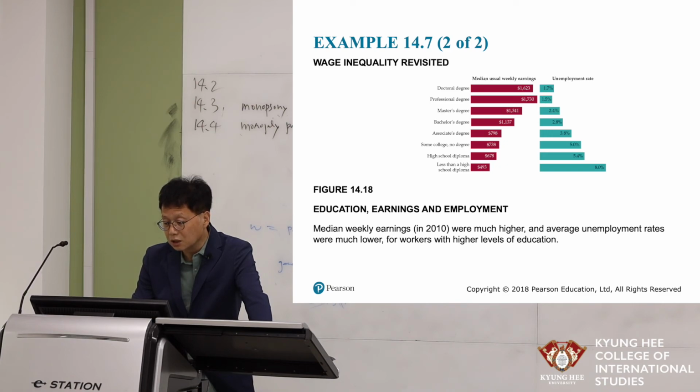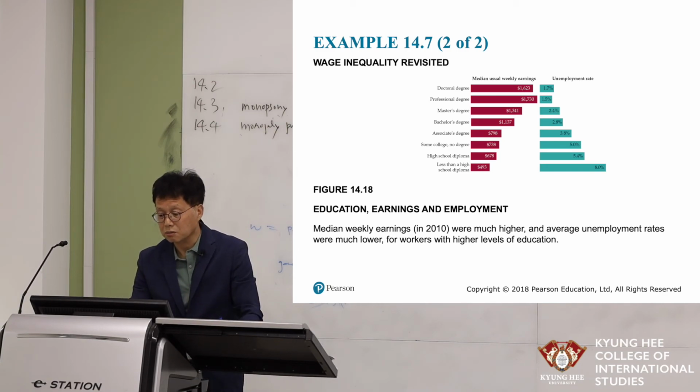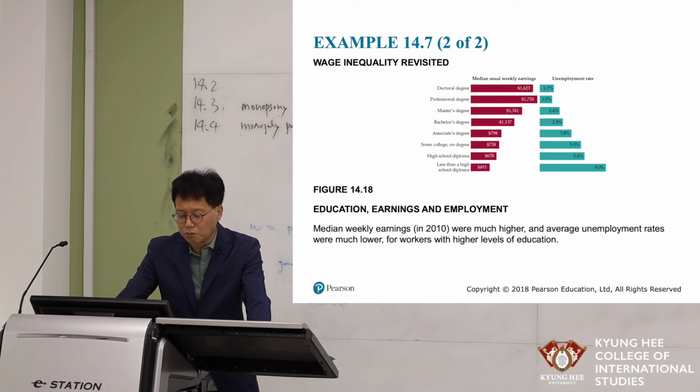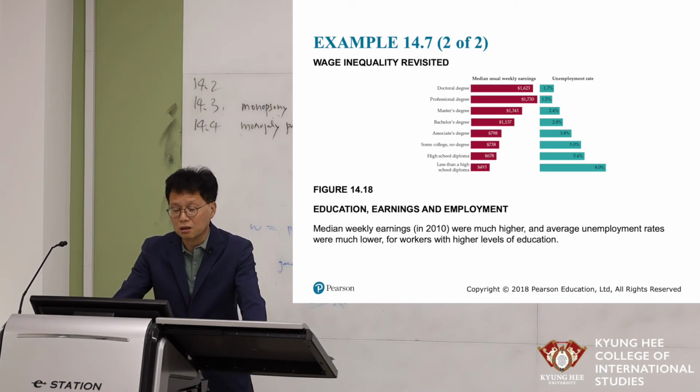If you graduate college, about 3%. If you have less than a high school diploma, 8% unemployment, right? More salary, lower unemployment rate, like this. That is a really important figure. This kind of figure is usually used in the orientation of freshmen in the United States.